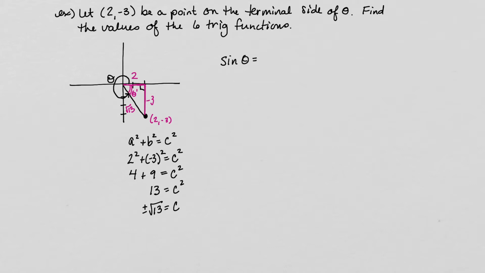The sine is, remember, the opposite over the hypotenuse, or the y over the r. So our y value here was -3, and our r value was the square root of 13. The cosine of theta is adjacent over hypotenuse, or our x value over our r. So it's going to be 2 over the square root of 13.